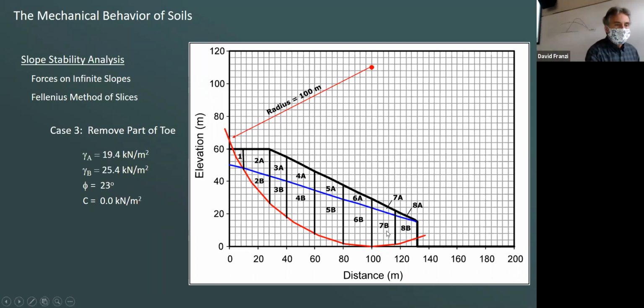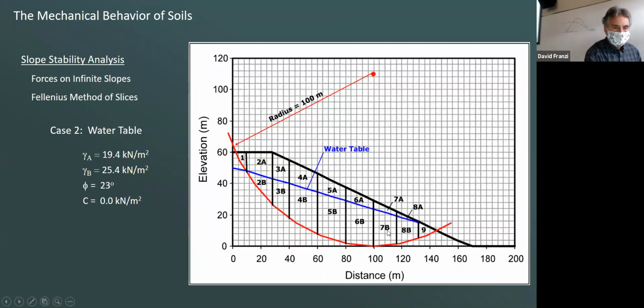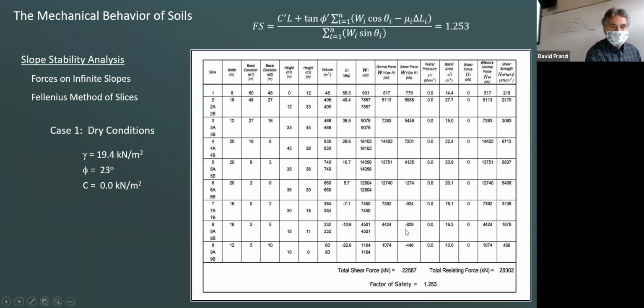I'm going to go back because I forgot to mention that. You notice down in here, the shear force is negative, isn't it? Because we use the sign convention where the positive value is shear force downslope, and negative when it's pointing back up the slope. So when we're summing up the shear force, we actually subtract these things.